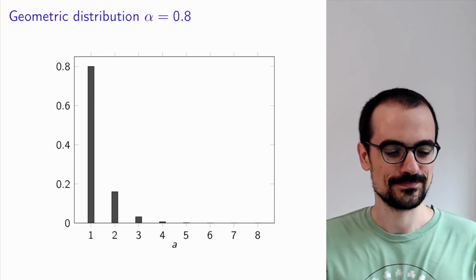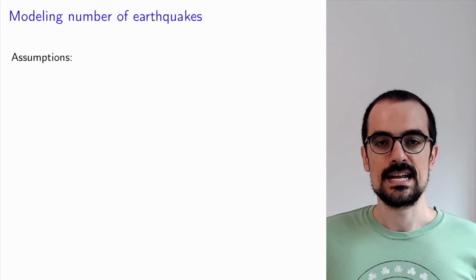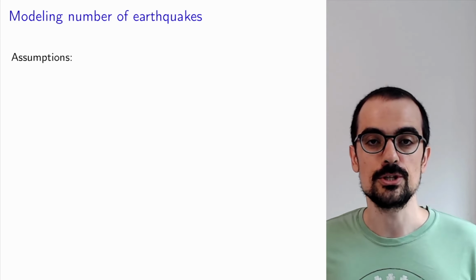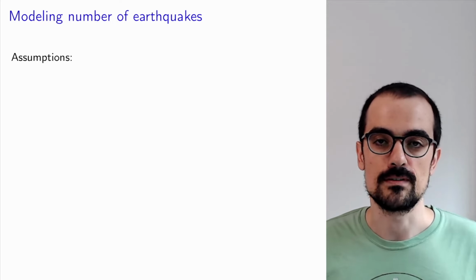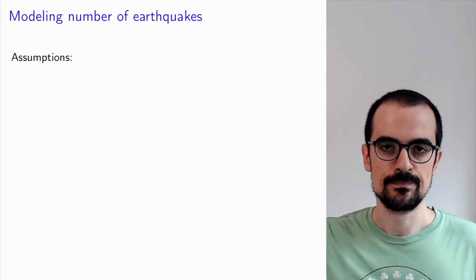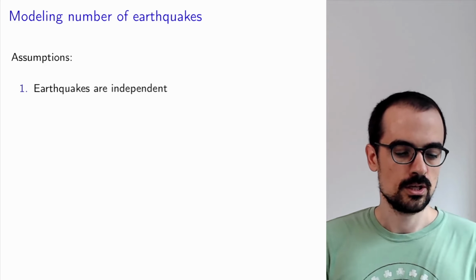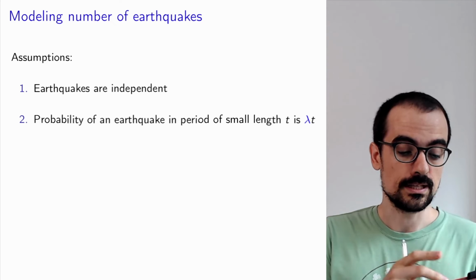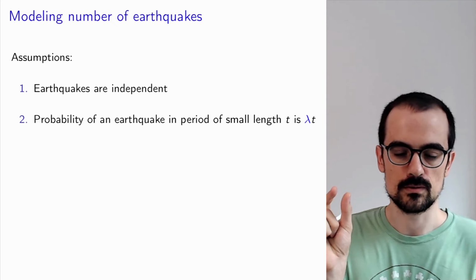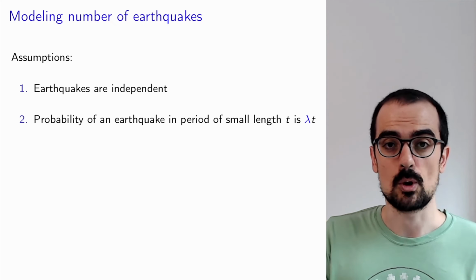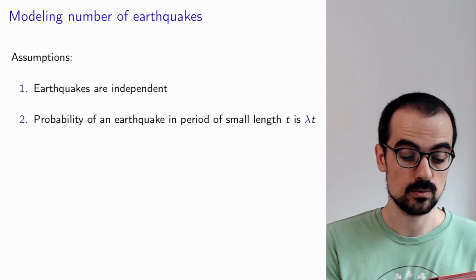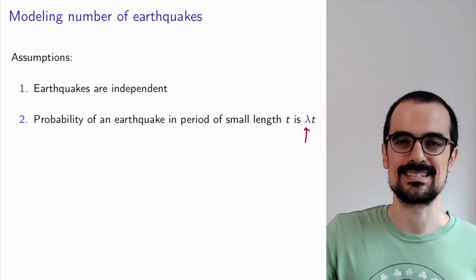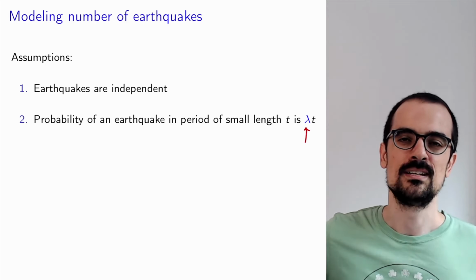All right, so now for the last parametric distribution, imagine that you're trying to model the number of earthquakes in San Francisco over a year. And you make the following assumptions. You assume that the earthquakes occur independently, and also that if you look at an interval of small length t, the probability of observing an earthquake in that interval is proportional to t and to a constant rate, lambda, which you can interpret as the rate at which earthquakes arrive.